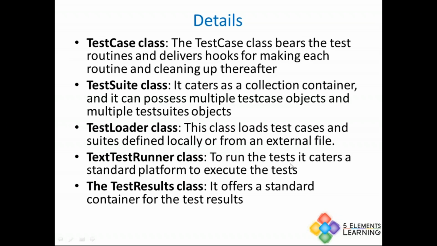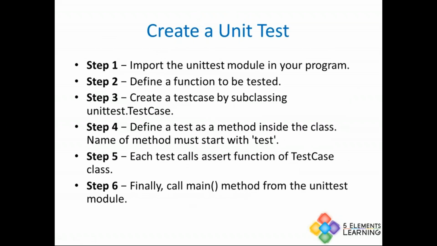The test runner class runs the test. It caters a standard platform to execute the test. And the test result is the class which contains the execution result, which you can then further have a look at. So these are the different entities of a unit test structure.